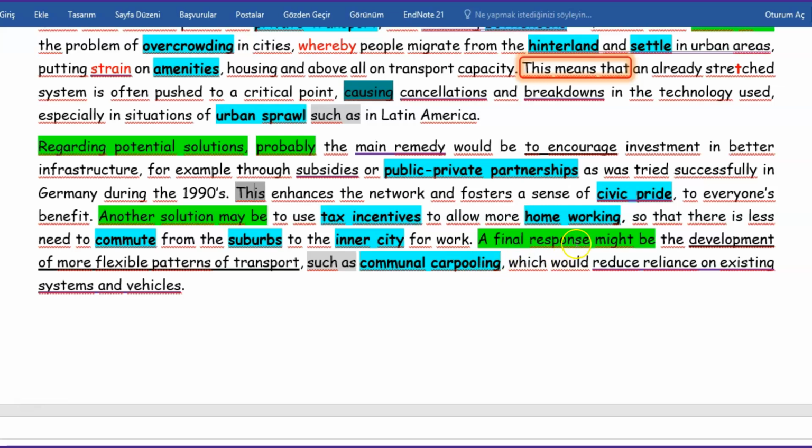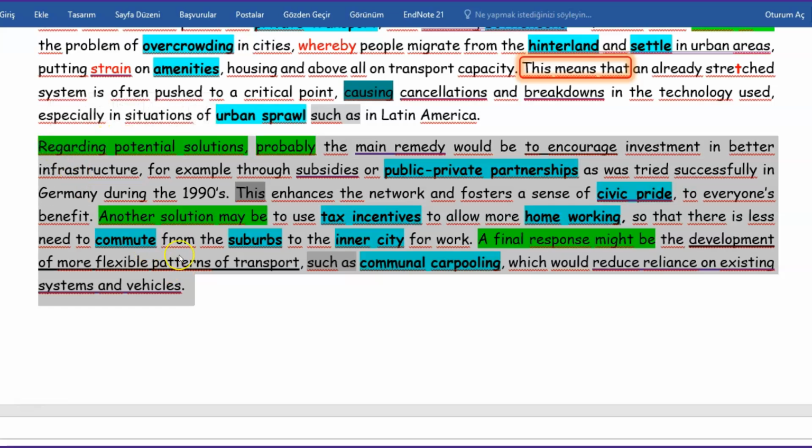A final response, the last one might be, again, usage of tentative language, the development of more flexible patterns of transport, more flexible means of transport, such as shared carpooling, communal carpooling, which would reduce reliance on existing systems and vehicles, right?